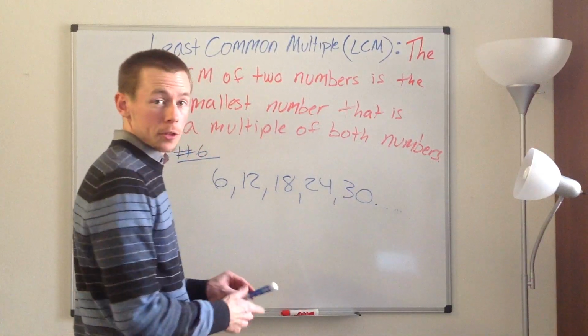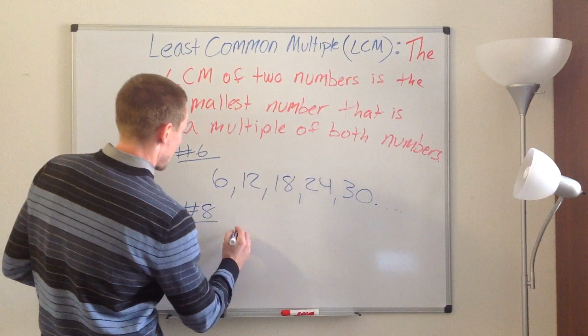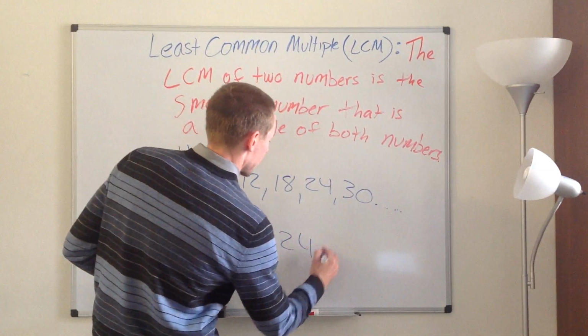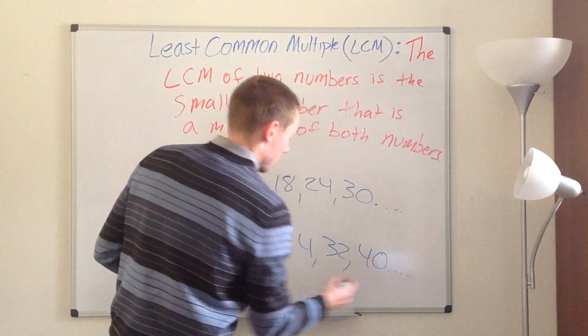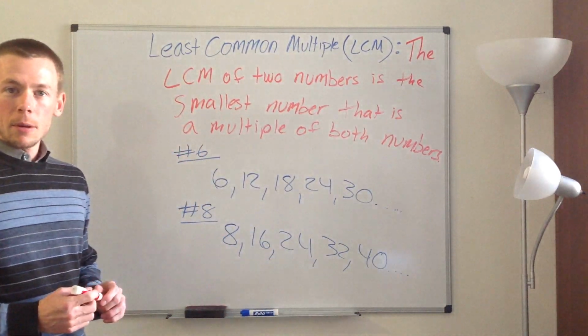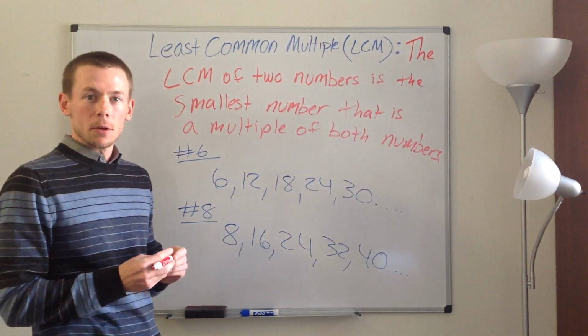Let's look at the multiples of 8. Okay, now take a look and examine both of these lists and see if you can find the smallest number that is a multiple of both.